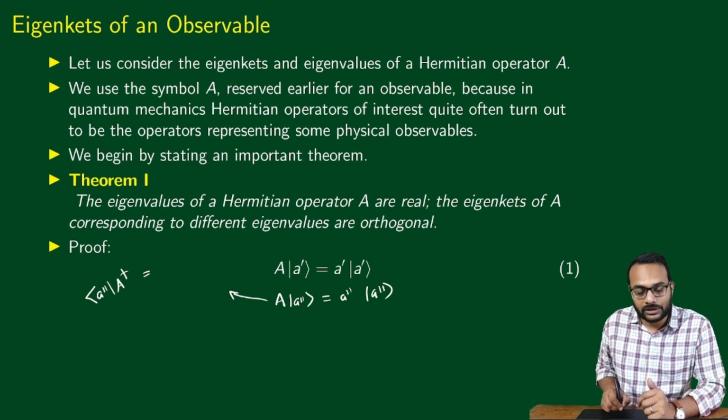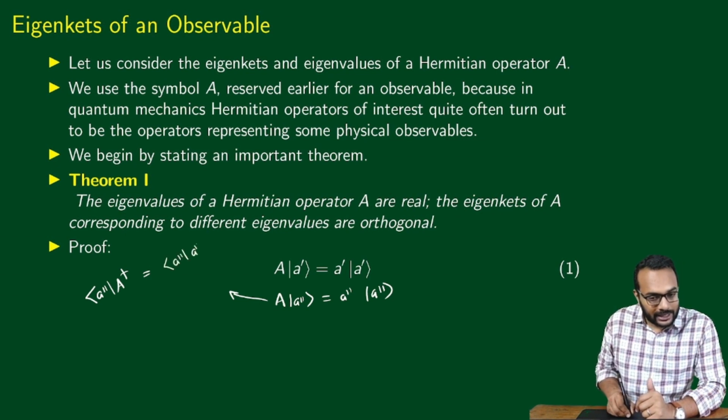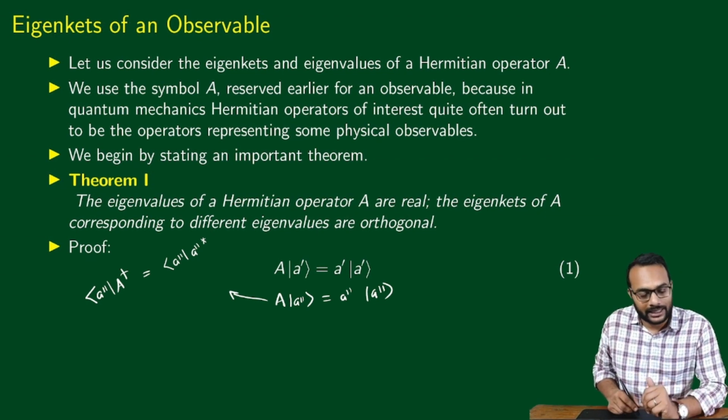So the corresponding bra equation becomes bra a double prime A dagger is equal to bra a double prime times a double prime star. This number in general is complex, so when you go to the corresponding bra space, it becomes a complex conjugate. This rule we have already seen: an operator becomes its Hermitian conjugate, and a number becomes its complex conjugate.